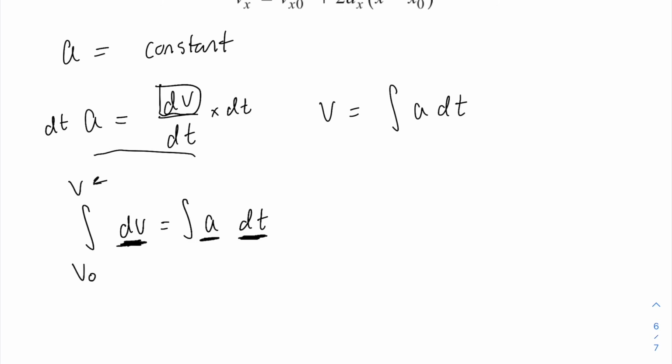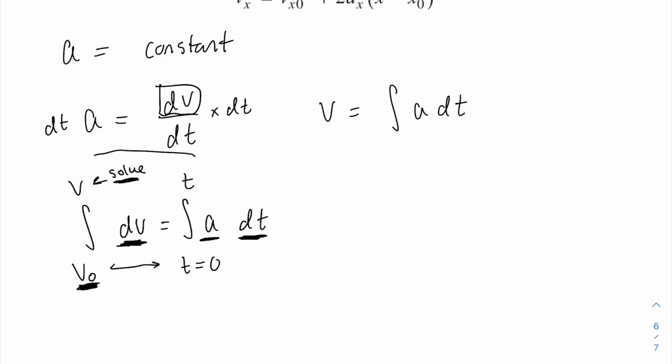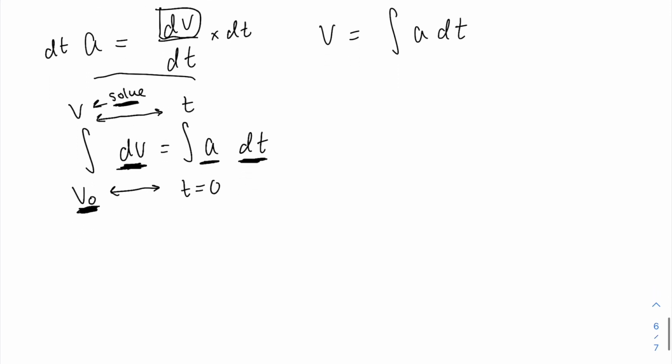So I'm just going to label that v. And this is what we're going to solve for here in just a second. The initial velocity v naught is going to happen at time equals 0, we'll start our time at 0. The velocity that we're trying to get happens at some later time t. The lower limits of each integral have to correspond, and the upper limits of each integral have to correspond.